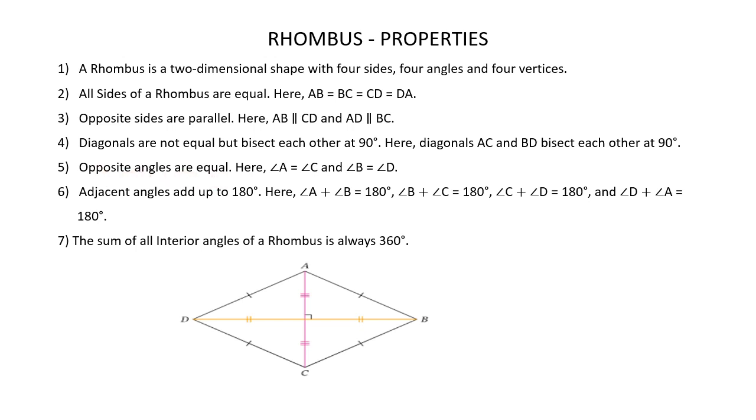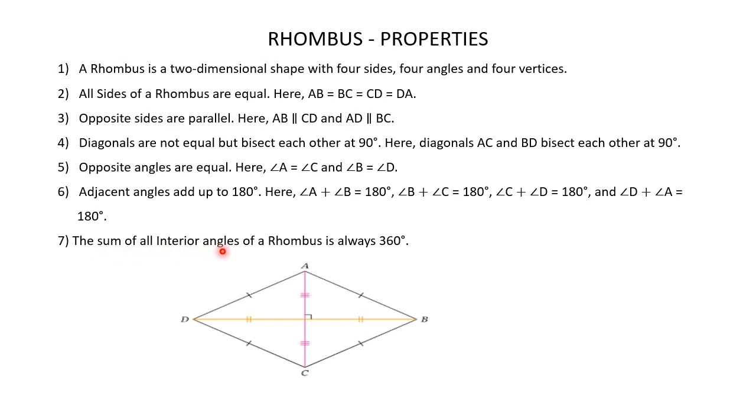Opposite angles are equal. This means angle A is equal to angle C, angle B is equal to angle D. Adjacent angles add up to 180 degrees. Here it means angle A plus angle B is 180 degrees, angle B plus angle C is 180 degrees, angle C plus angle D is 180 degrees, and angle D plus angle A is 180 degrees.